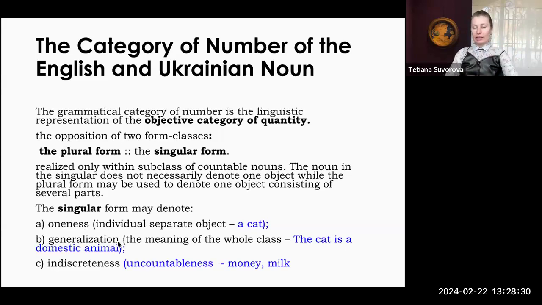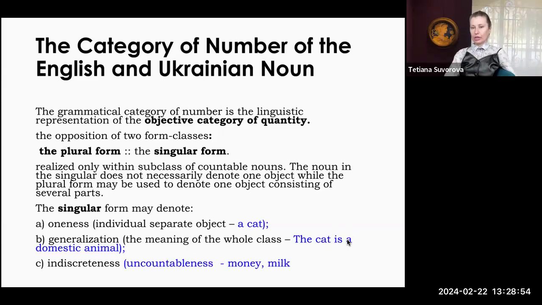Then, generalization, we can express what is typical for any representative of some group or class. For example, a cat is a domestic animal. A domestic animal, so an animal, yes. So, in fact, it is the meaning of any here, to be precise, in terms of practical grammar.